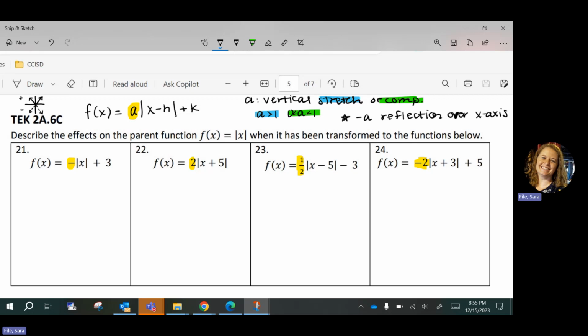So let's go ahead and list the transformations based on just the A's. So this one, it's an understood 1 for the number, so there's no stretch or compression. It is just a reflection over the x-axis. This one is a 2, so it is greater than 1, which means it's a vertical stretch.